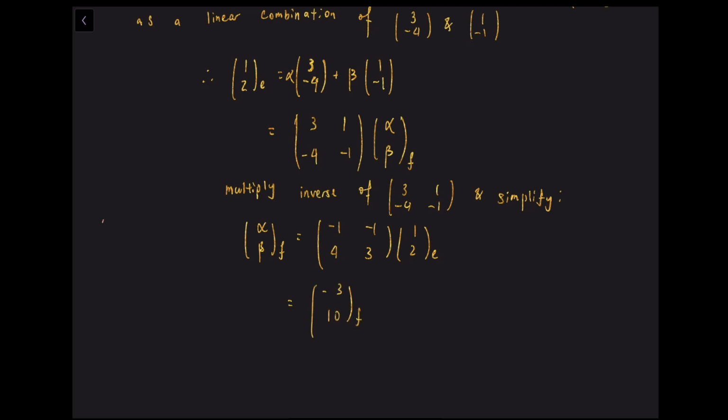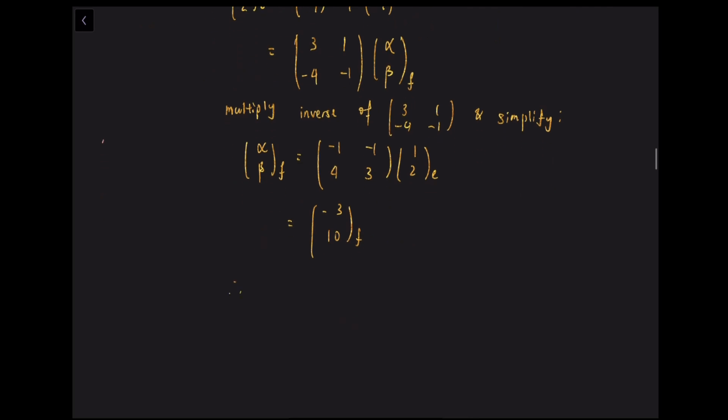Thus (1, 2) with respect to the standard basis E is equivalent to (-3, 10) with respect to the new basis F. This relationship can be written more concisely as (1, 2) with a small e is equivalent to (-3, 10) with a small f.